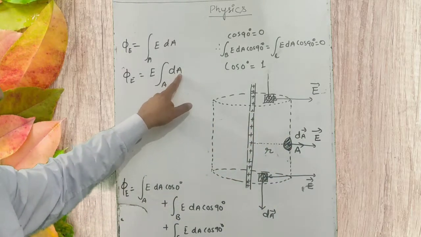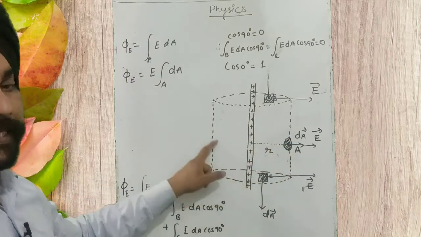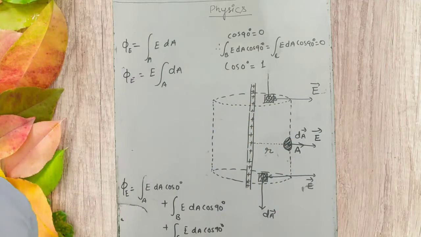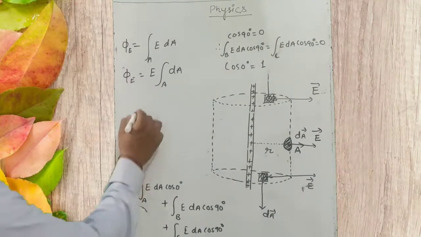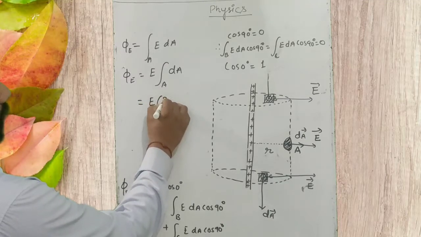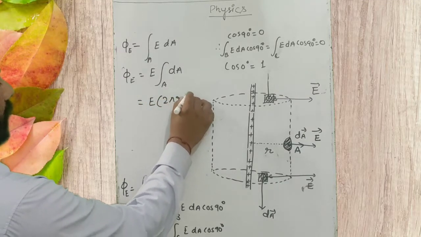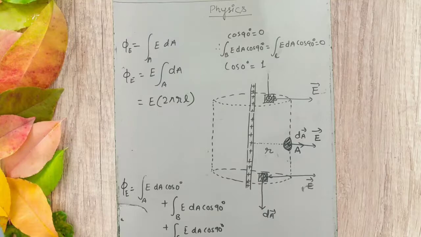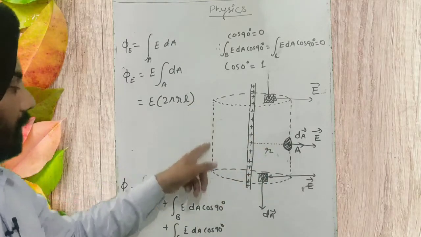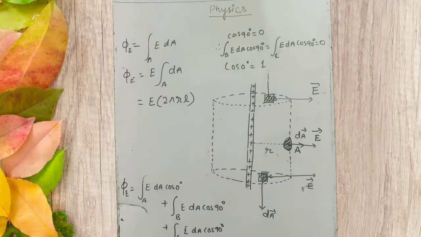Integration of dA means only the curved surface area. And what is the curved surface area of a cylinder? It is 2 pi RL. R is the radius, L is the length of the cylinder. I have already mentioned.